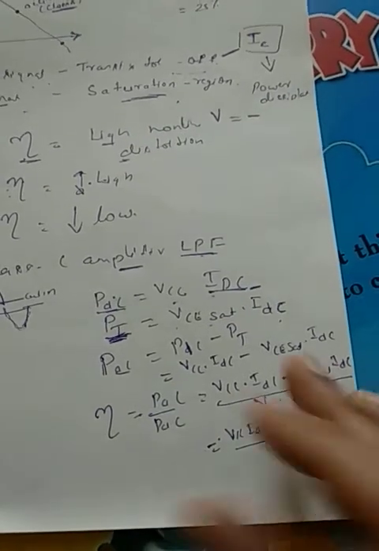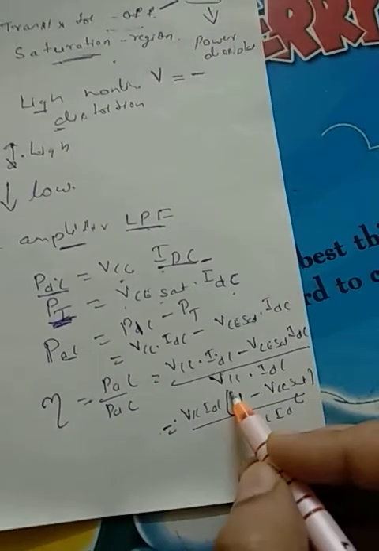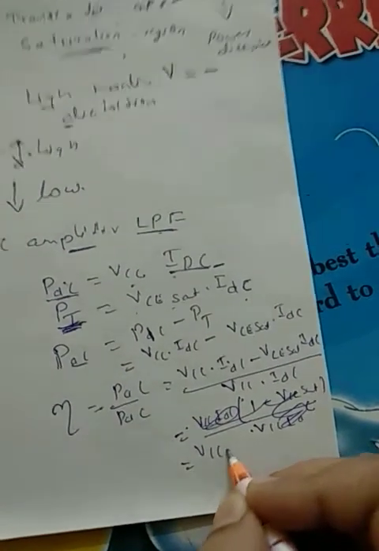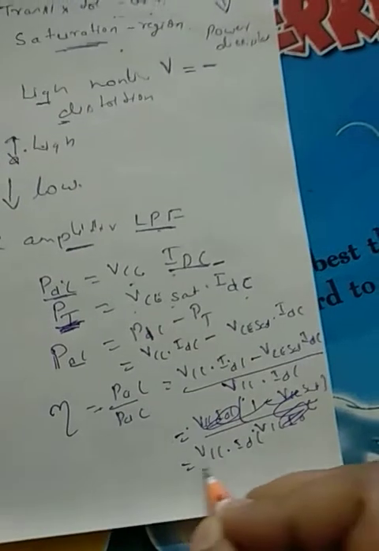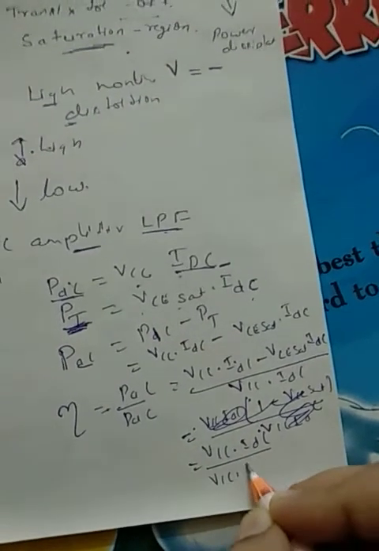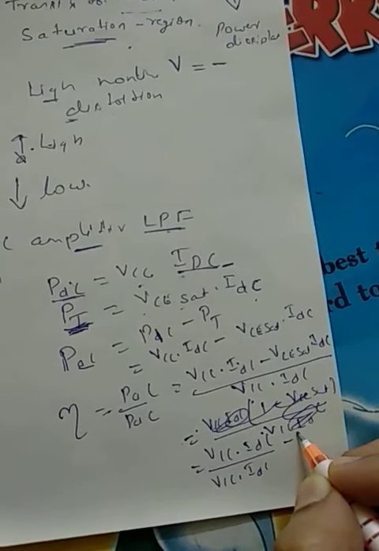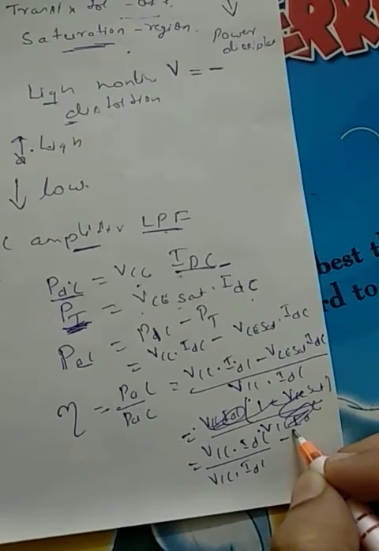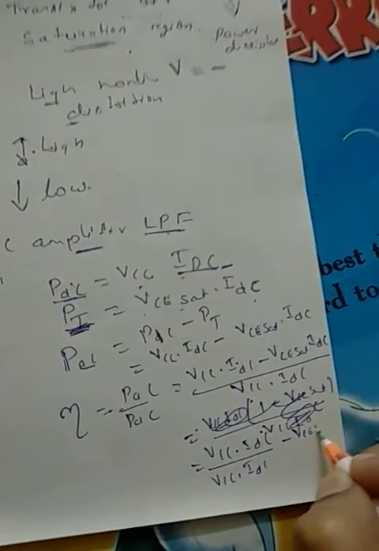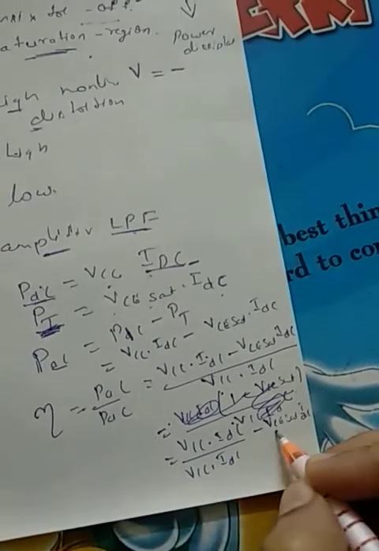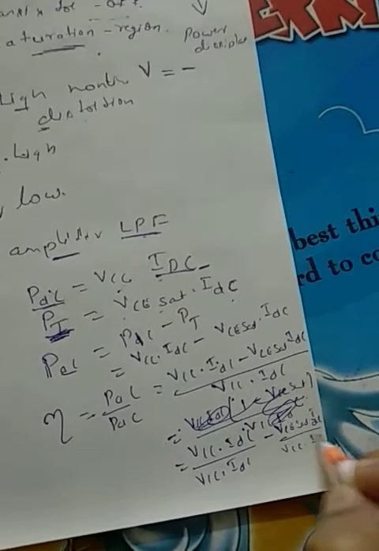Otherwise I can split this equation: VCC into IDC divided by VCC into IDC, minus VCE saturation into IDC divided by VCC into IDC.